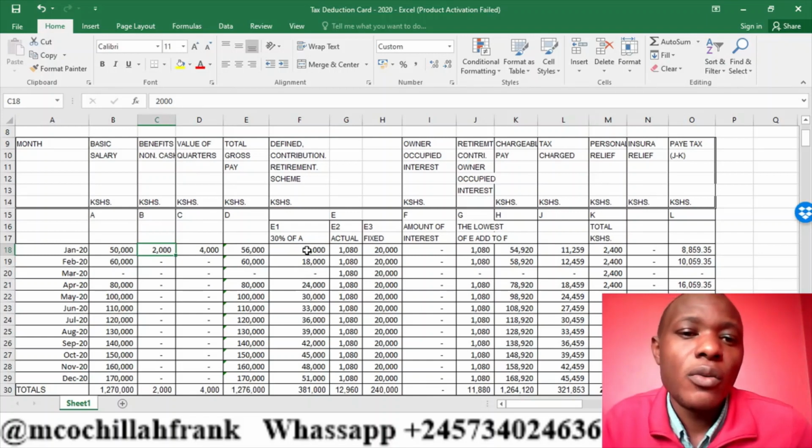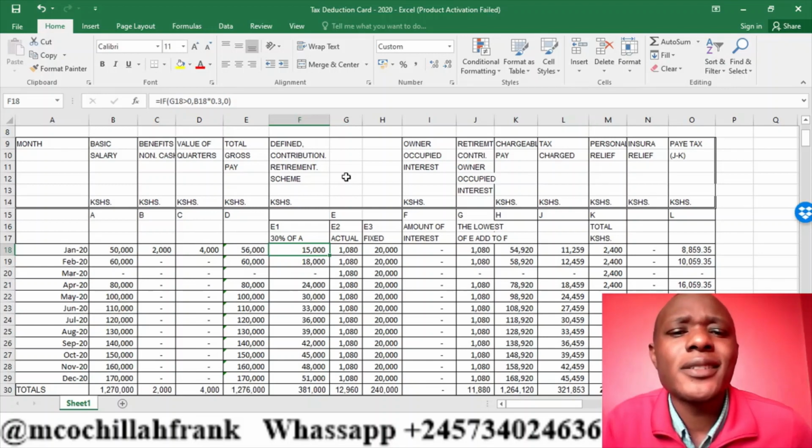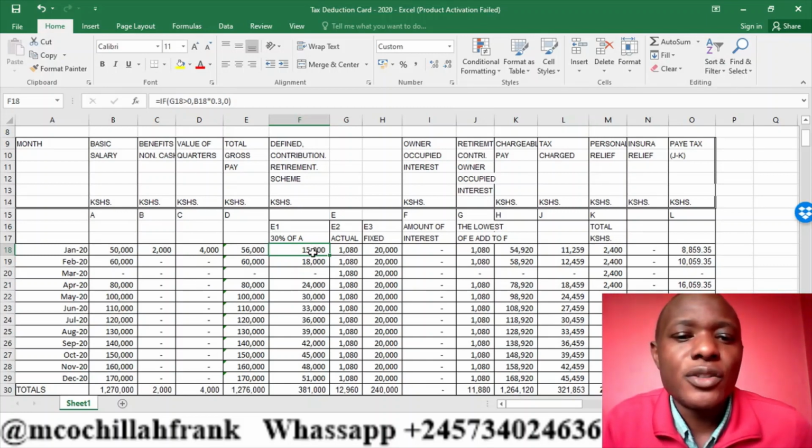Okay, so we come to the defined contribution retirement scheme. This is where we add the figure of the defined contribution retirement scheme. Most Kenyans call it NSSF. Let me just call it NSSF to make it simpler for you guys. So we normally calculate it this way.